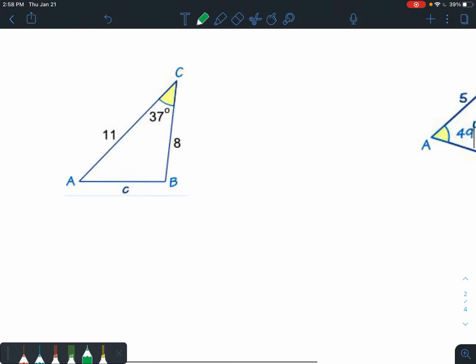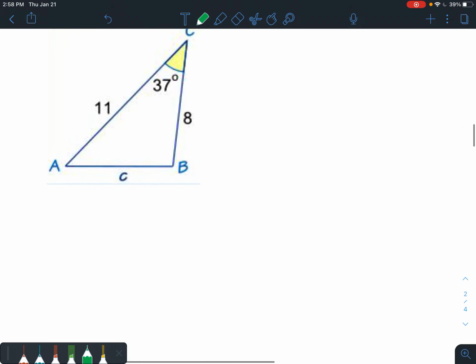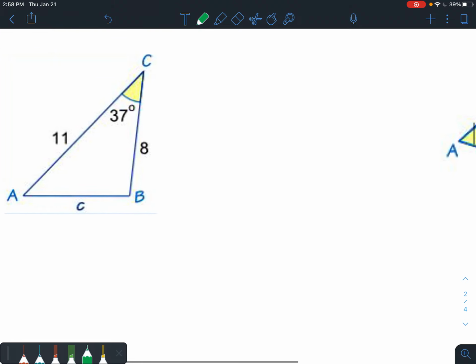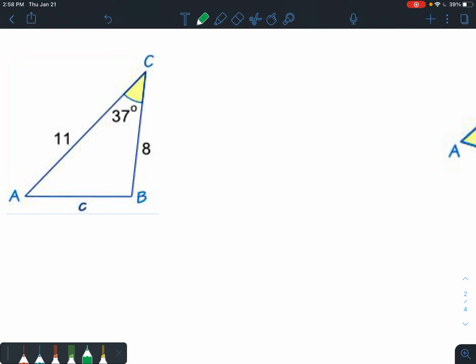Okay, let's do another example together. So here, let's just find side C. Okay, so because those two things are opposite, we can use the law of cosines.